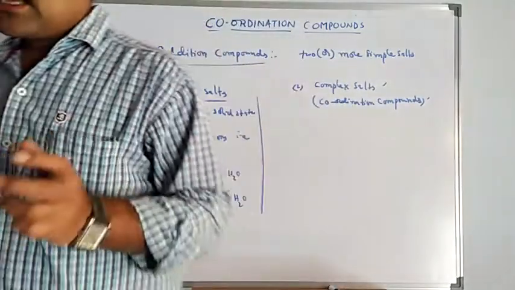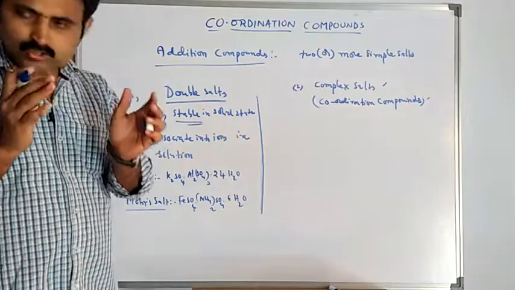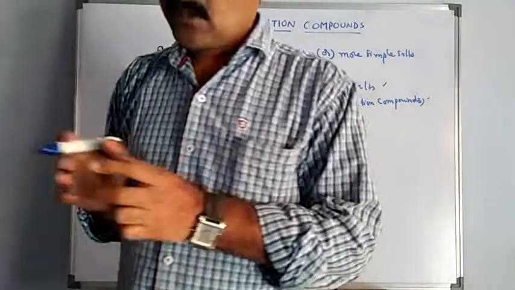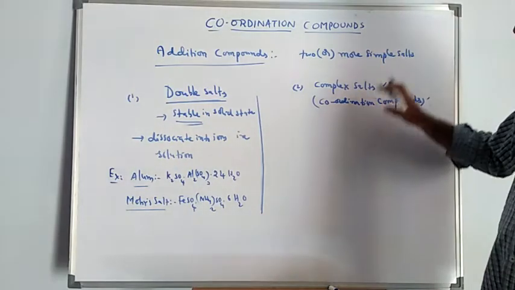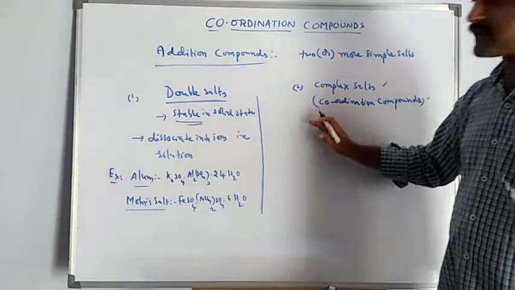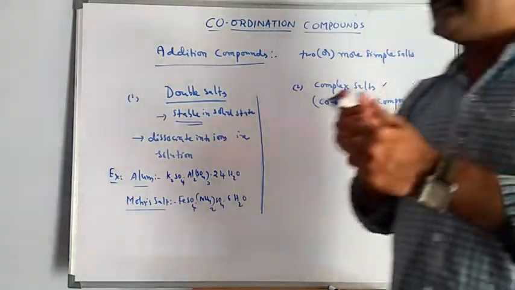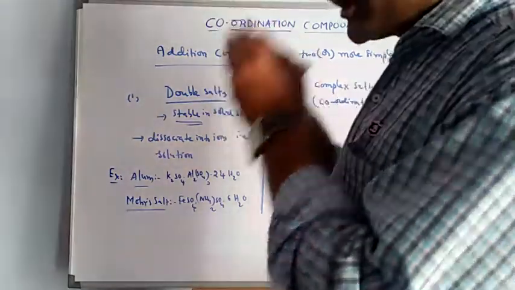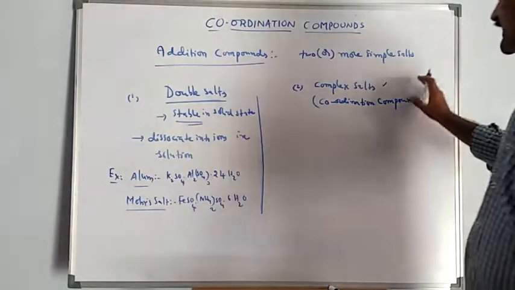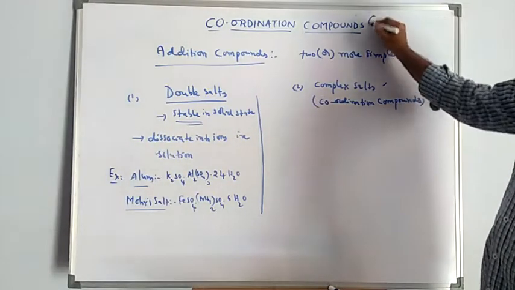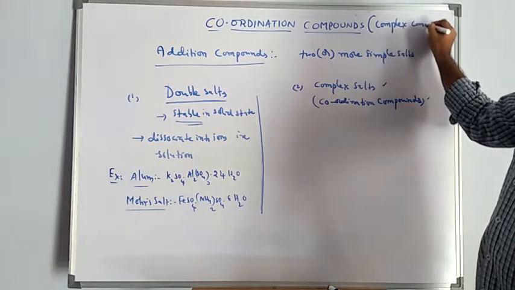Both are addition compounds, called molecular compounds, but these complex compounds, coordination compounds, have an advantage compared to double salts: the ions will retain their identity in solid state as well as in solution state in complex compounds. So, another name for this is complex compounds.